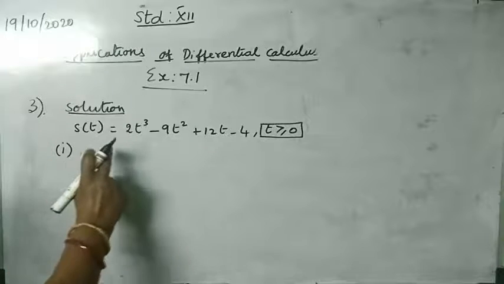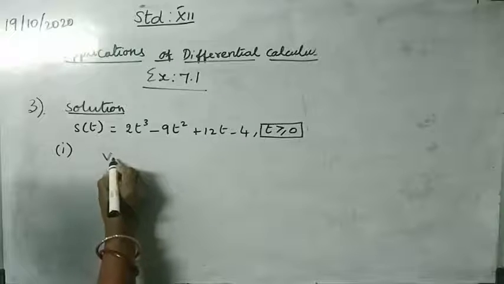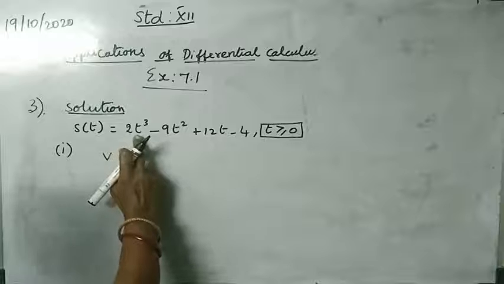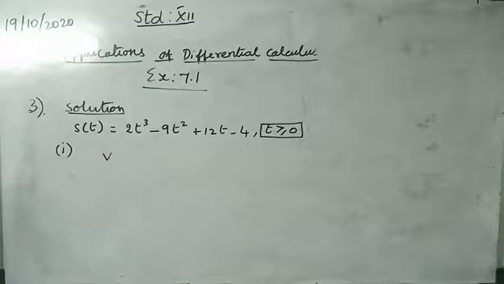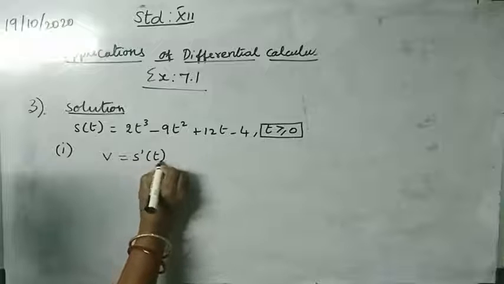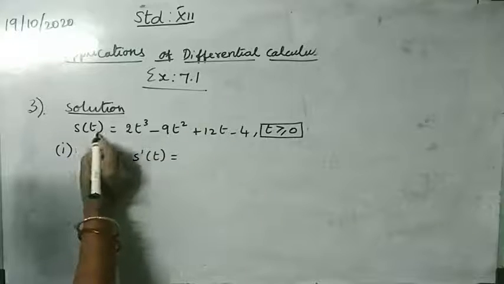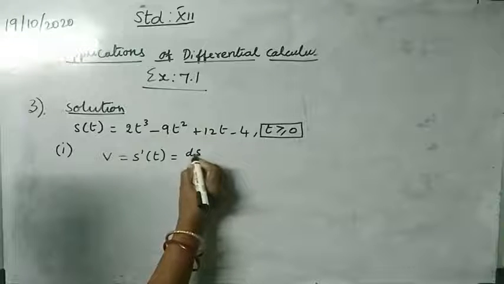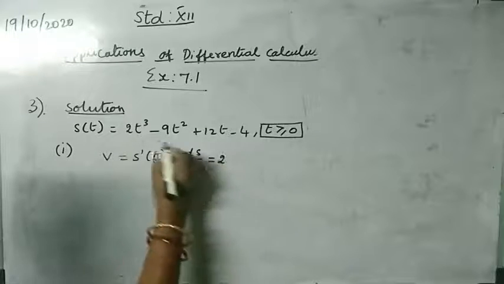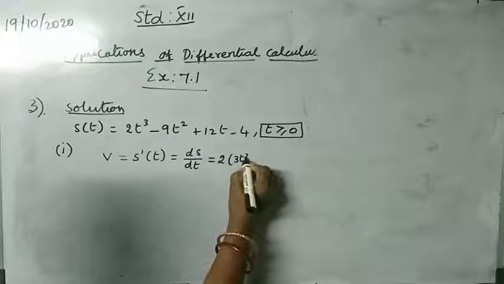That is, the particle starts moving. So, we want to find the velocity. If I take velocity equal to 0, we will get the time t. So, v is equal to s dash of t, which is equal to differentiating this function s with respect to t. So, ds by dt. How to differentiate? 2 is a constant. If I differentiate t cube, it is 3t square.